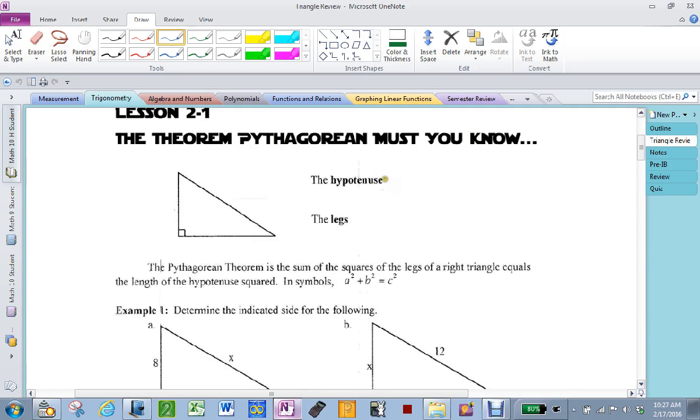Okay? So the hypotenuse is the side, and Joel used the word opposite. That word, please highlight it, underline it, put a star by it, and put an elementary school teacher cloud around it.